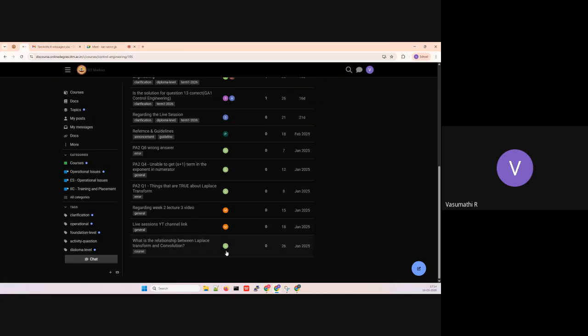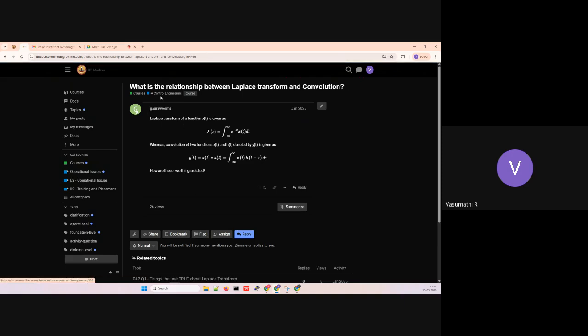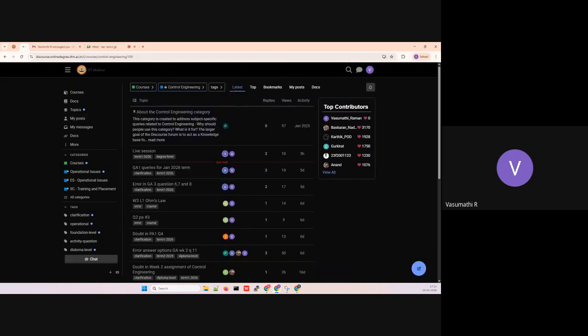And what is the relationship between Laplace and convolution? Somebody has asked. Both are mathematical representations we use on different occasions. For example, convolution in the time domain will look like y equal to x convolved with h, which we can write as the integral of x of tau, h of t minus tau d tau. While in Laplace, it's not convolution; you don't have to go through all these things. It's just a multiplication.